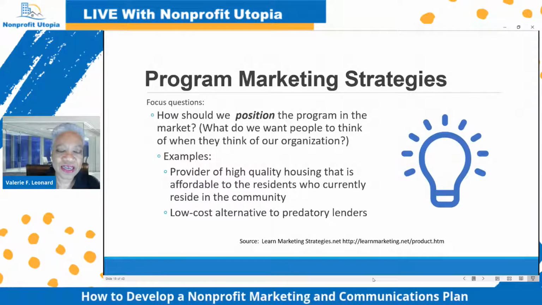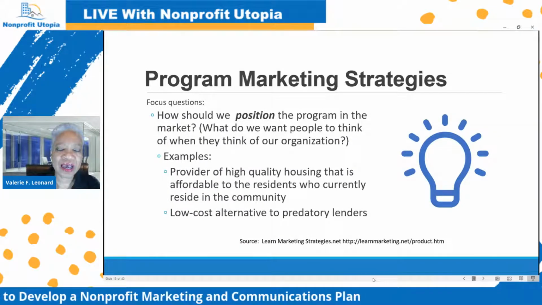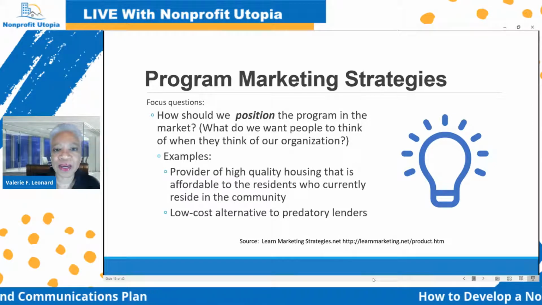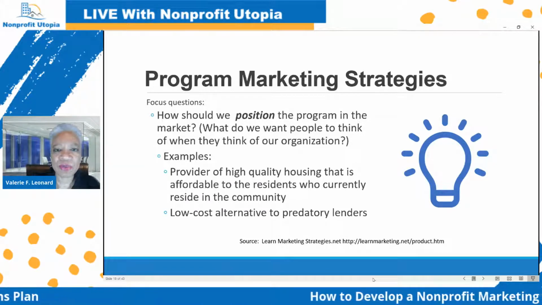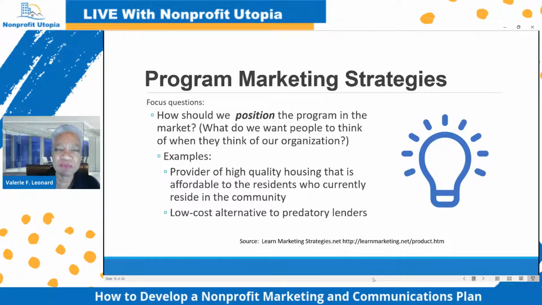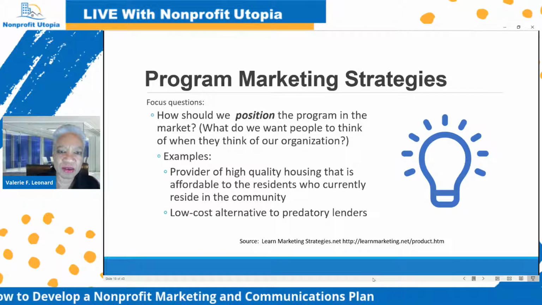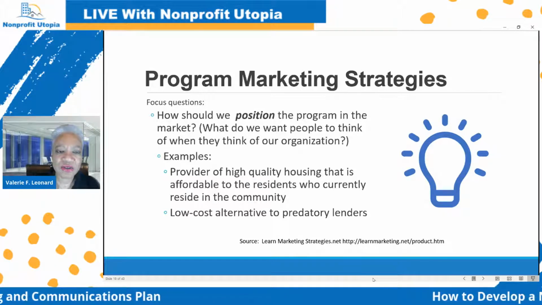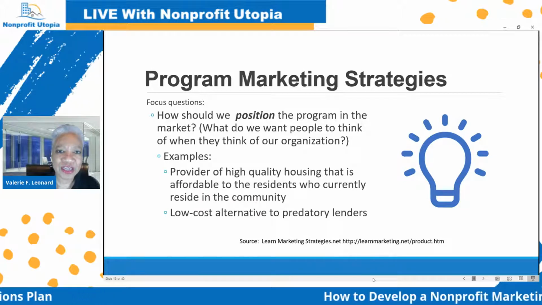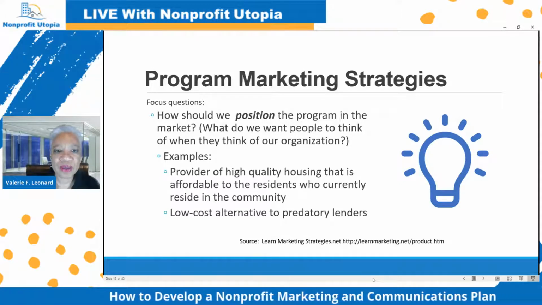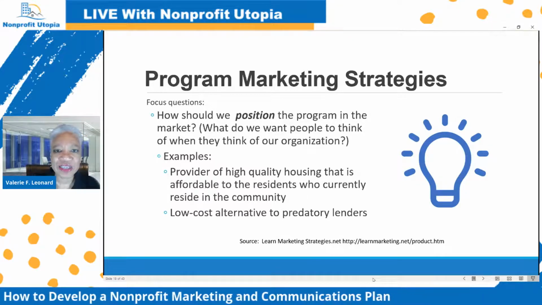All right, so taking all of that into account, how do you position your organization, your products, your programs in the community? And remember, positioning is just a manner of, what do people think of when they think of your organization? And regardless of whether or not you have a marketing strategy, all of our programs already have some positioning.